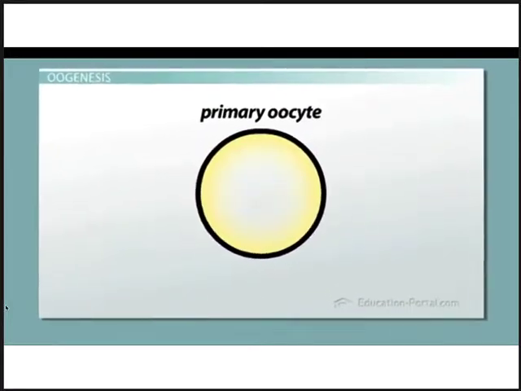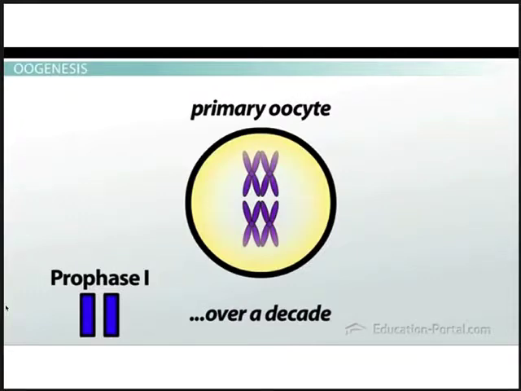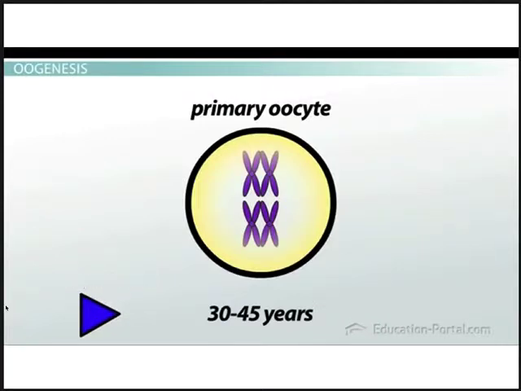These primary oocytes press the pause button on their development in prophase I, after they've replicated their genomes, but before they've made the first meiotic division. They stay arrested at this stage of development for over a decade until the girl begins her first menstrual cycle. Then, for about the next 30 to 45 years, on a monthly basis, primary oocytes resume meiosis where they left off and complete the first meiotic division.